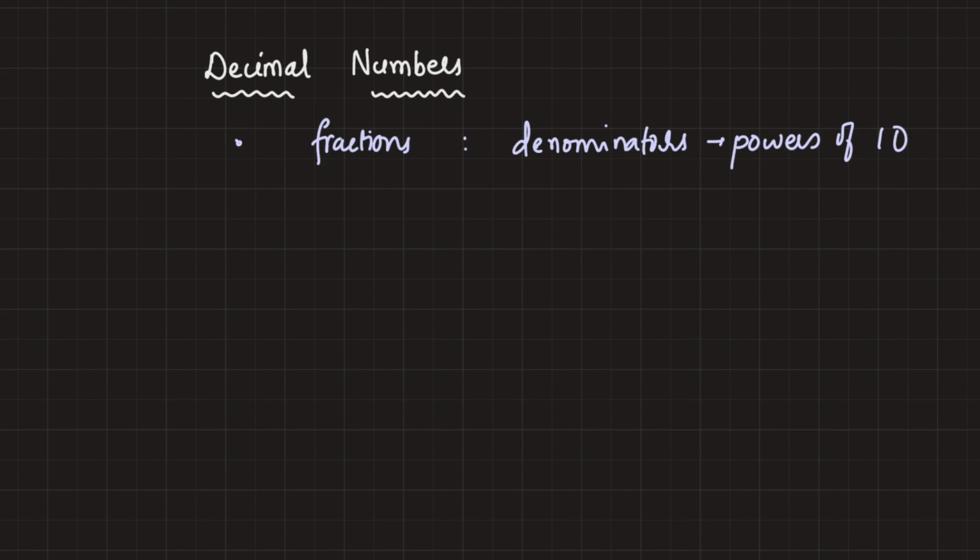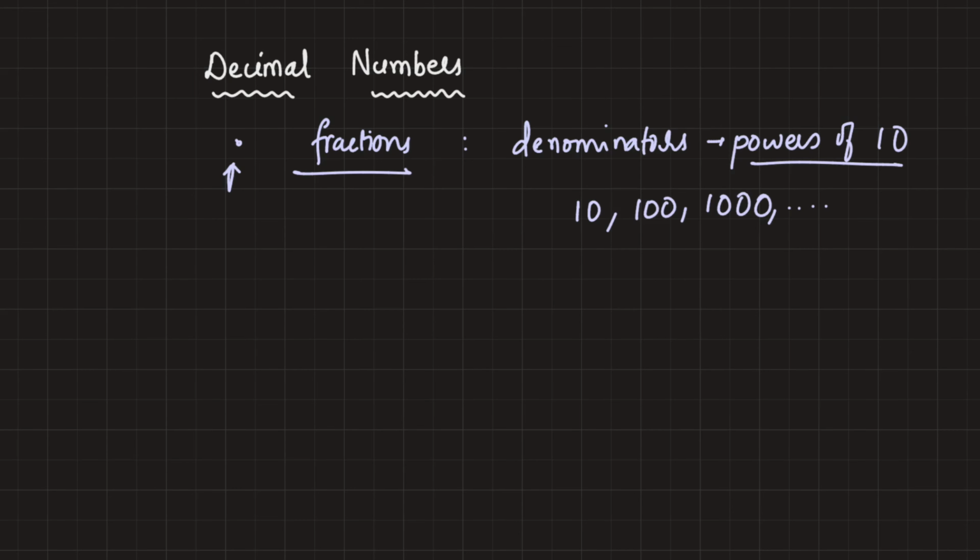So essentially a decimal number is another way to write a fraction. When I say powers of 10, the denominator can be 10 or 100 or 1000 and so on. So instead of writing the denominator explicitly, we use a decimal point. We use this decimal point in the numerator to indicate its value.